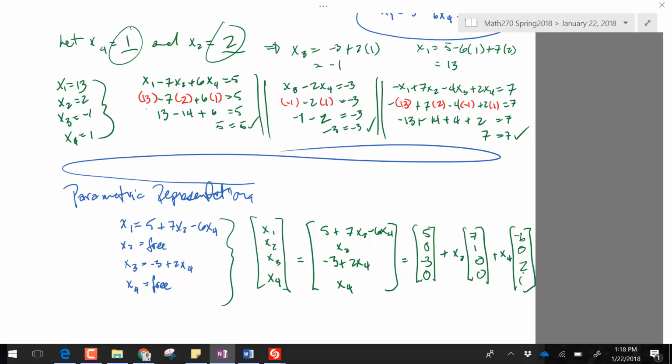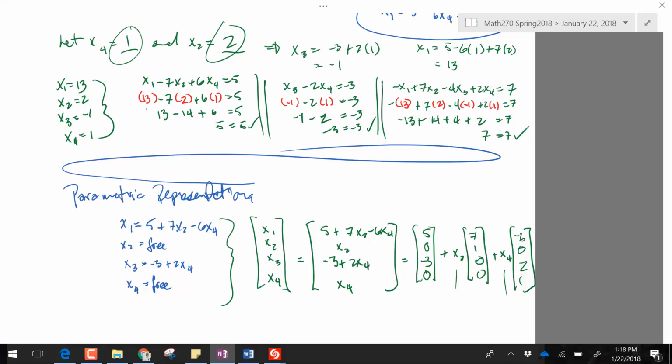I have my solution written in parametric form where I can easily replace the variables x2 and x4 with s and t or u and v or something else if I need to. And to say that that's a free variable means we can put any number we want for x2 and x4, and we should get a solution, a set of numbers for x1, x2, x3, and x4 to make this thing work.